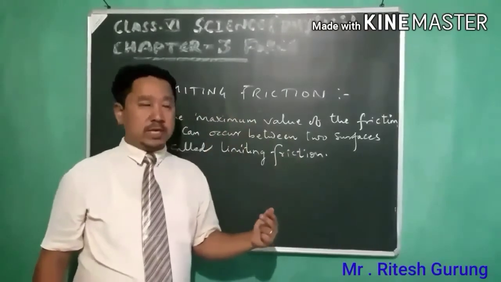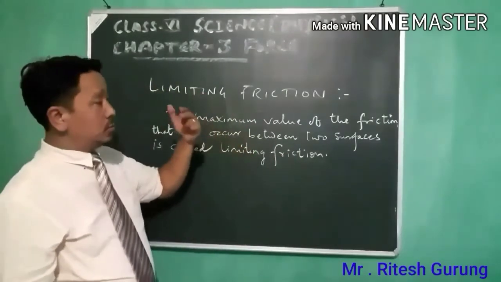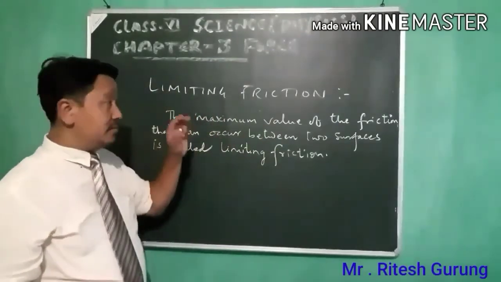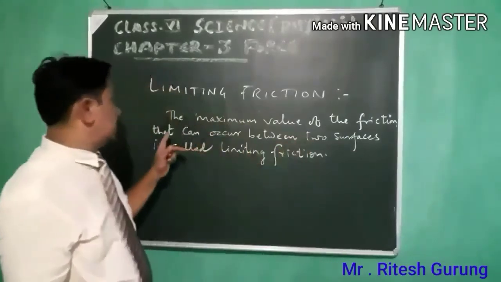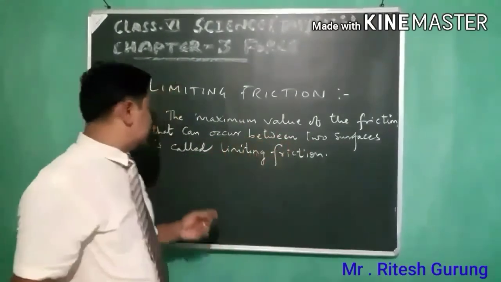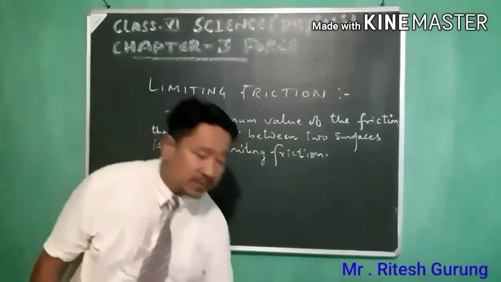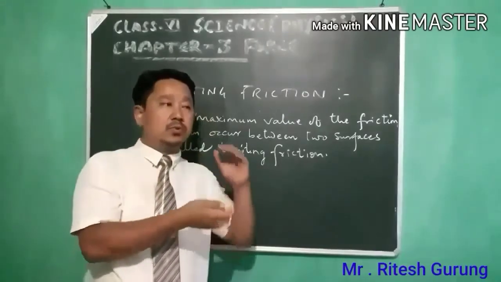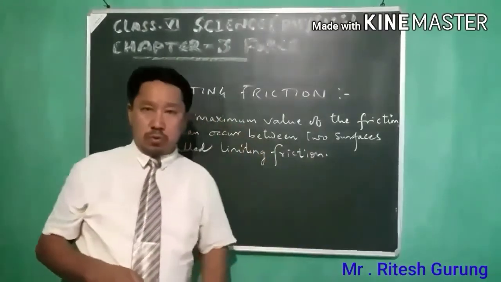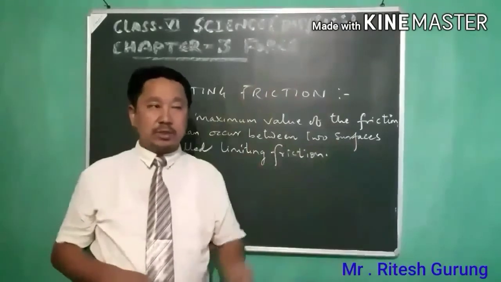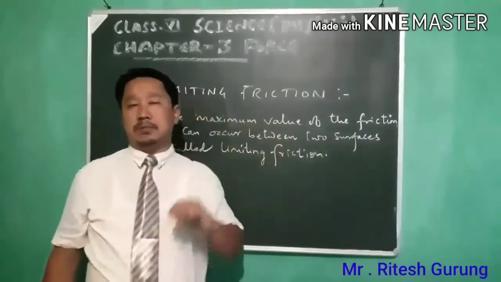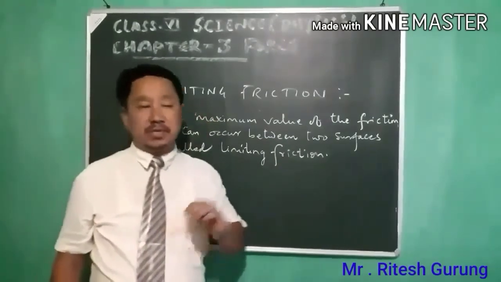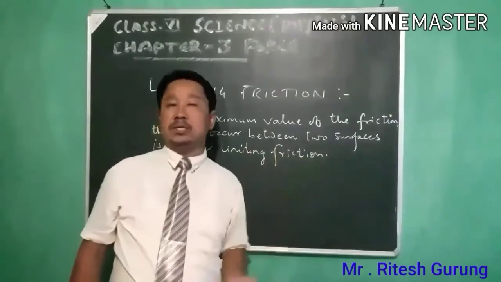So the maximum value of the friction that can occur between two surfaces is called limiting friction. Beyond that, it doesn't go.